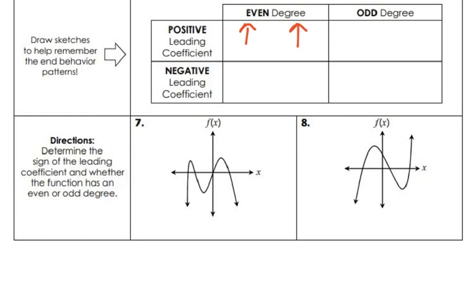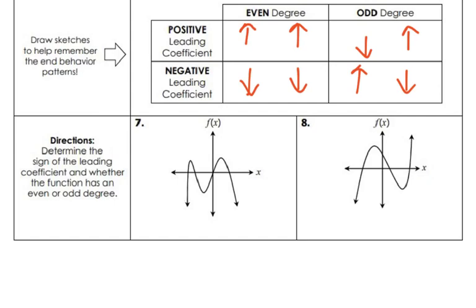If we have a negative leading coefficient, then we just flip the graph. If it's odd degree and positive, it's going to increase from left to right. And if the leading coefficient is negative, first it's going to go up and then go down. The arrows are going to help you determine the end behavior.